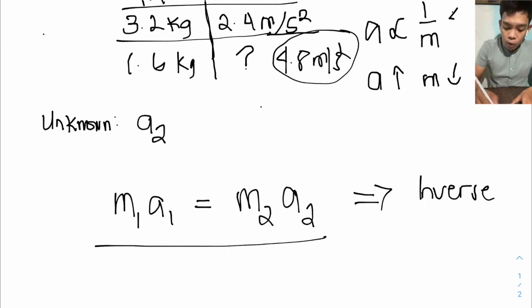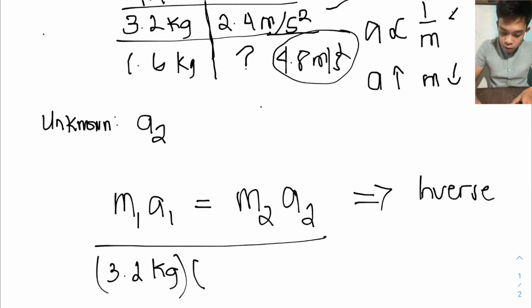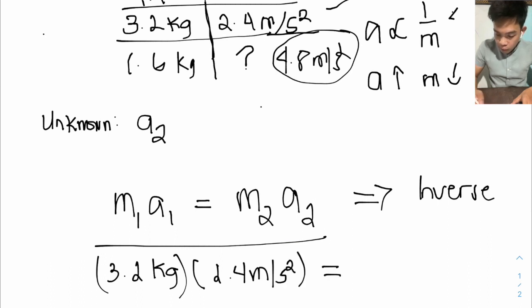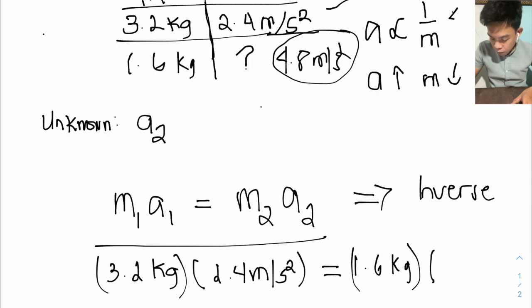Thereafter, we have mass 1, which is 3.2 kilogram, multiplied by acceleration 1, which is 2.4 meters per second squared, is equal to mass 2, which is 1.6 kilogram, multiplied by our unknown, which is A2.